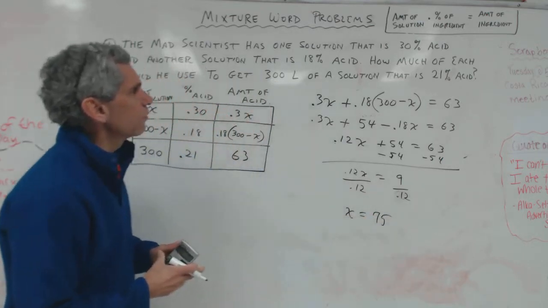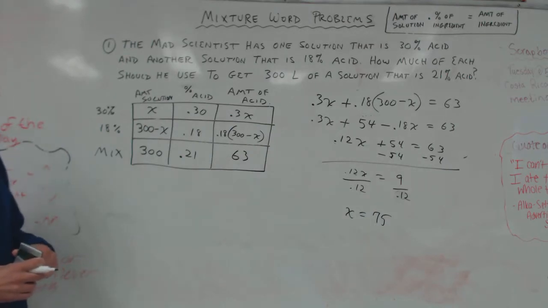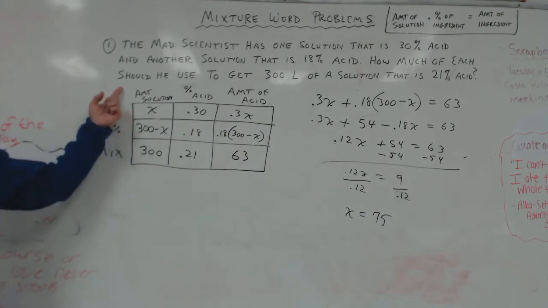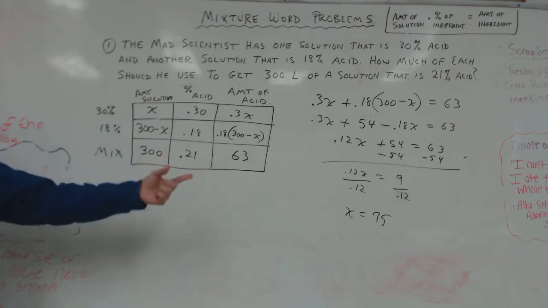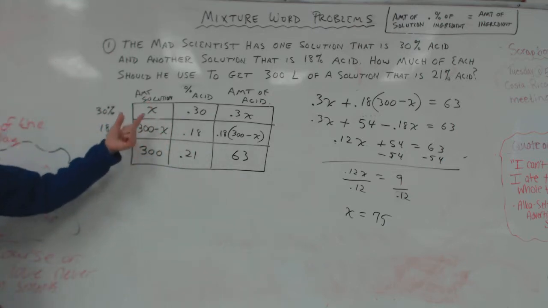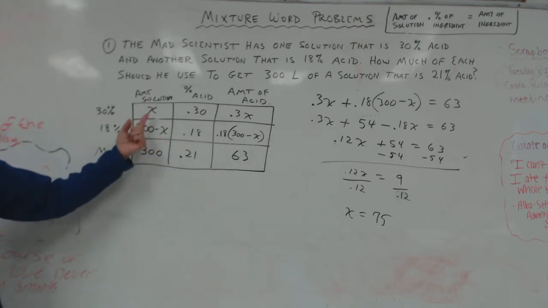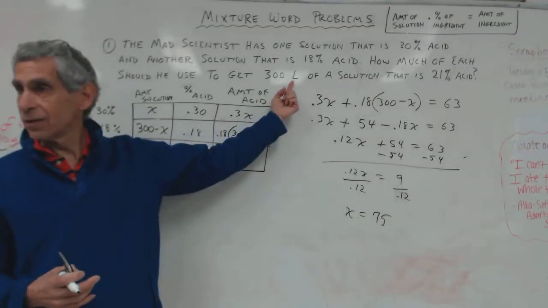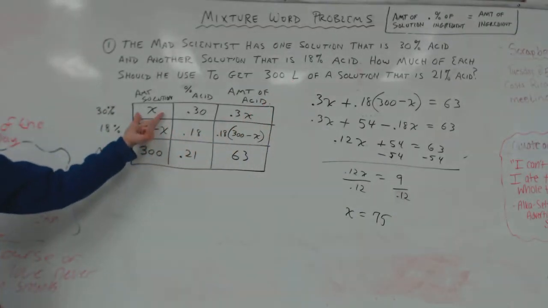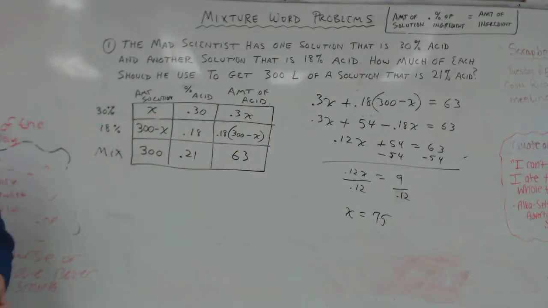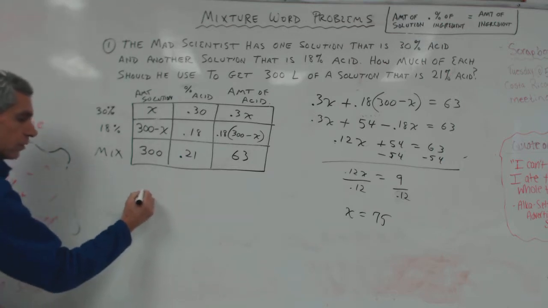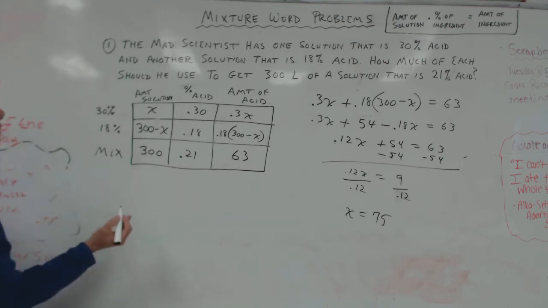Now what? 75 what? What is x? X is my amount of my solution. I can always go back and see what x is. So I have 75, we're talking liters, right? So I have 75 liters of the 30% solution. This is awesome. We got our answer, right? So what's the question? How much of each should he use?